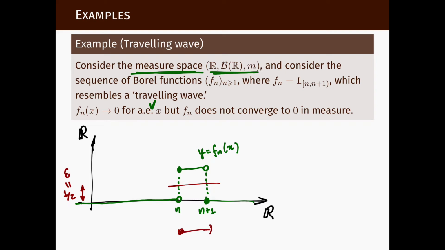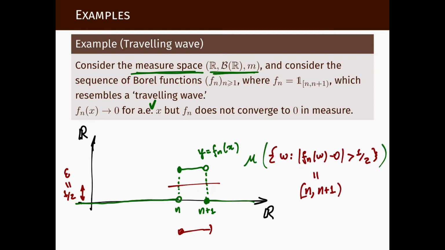So the set of omega such that fn of omega minus 0 is larger than 1/2 equals the set [n, n+1]. And if we compute the measure of the set, it equals 1. And as we know, of course, 1 does not converge to 0. So fn does not converge to 0 in measure.